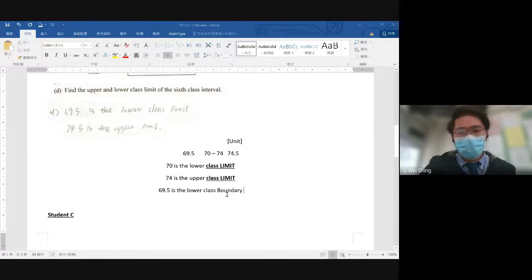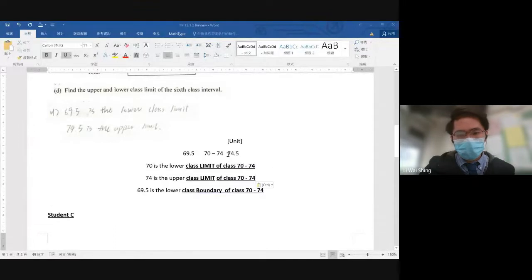Boundary, 邊界. So be careful with that. Lower class boundary of class 70 to 74. Here also the same, 74.5. It's upper, but it's not the class limit, it's the class boundary.